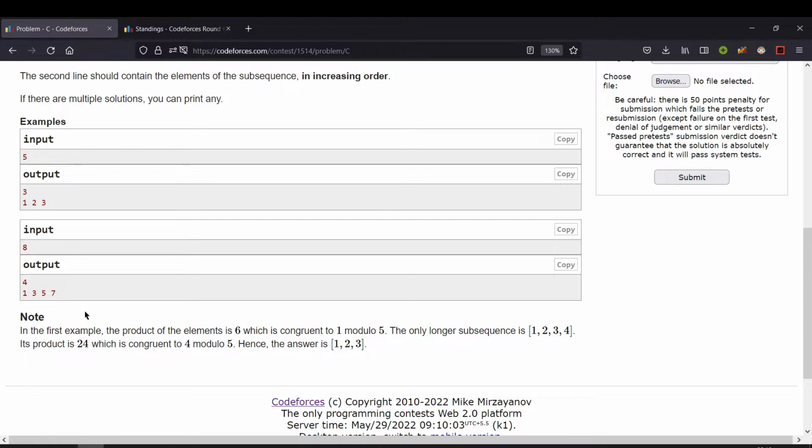33 means 3 and 11. Okay, what can I do for this?